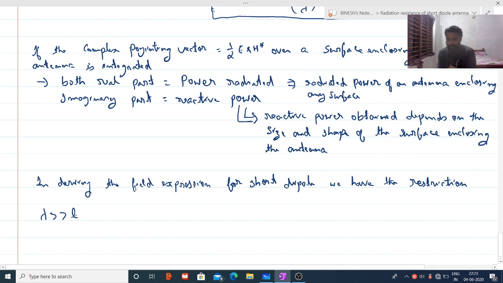So this will eliminate the phase difference of field contribution from different parts of the dipole.